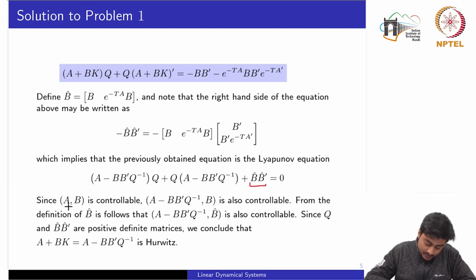So since the original pair A, B is controllable, this new closed loop state matrix paired with the matrix P would also be controllable. This was one of the results. Now from the definition of the B hat, it follows that this pair would also be controllable. Because why?